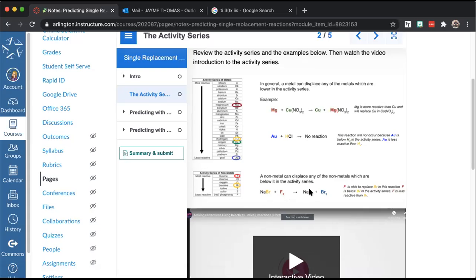It's just NaF, okay? It is unbalanced right now, so I would need to balance it. I would need to put a 2 coefficient in front of NaBr, and a 2 coefficient in front of NaF in order to have both sides balanced, okay? So this equation is just writing out the formulas. We haven't balanced anything, okay?